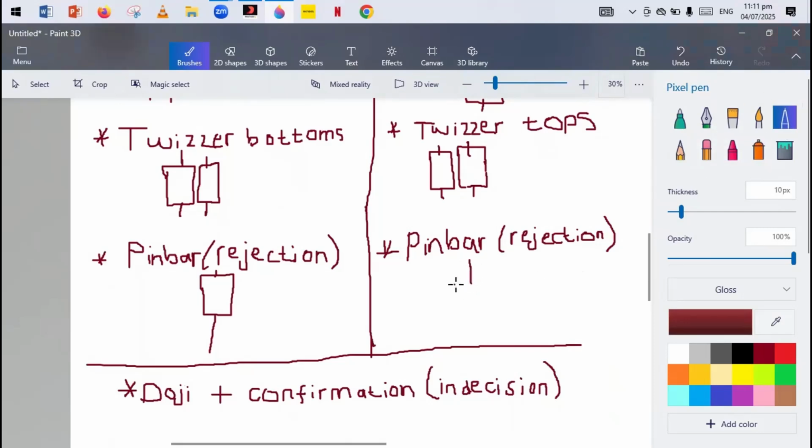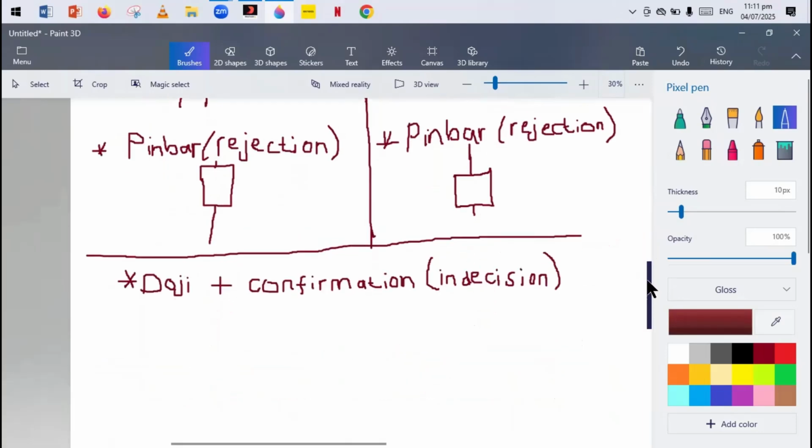That is what we have. The wick is a bit longer at the top. That wick at the top indicates that the buyers are rejecting the price, and now sellers are ready to move in.